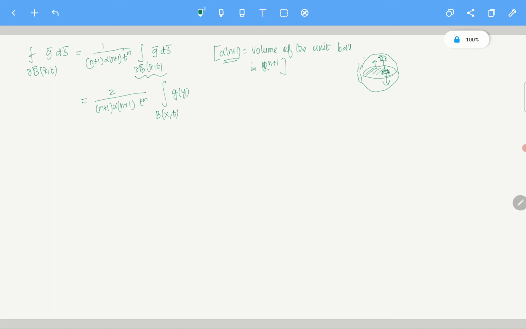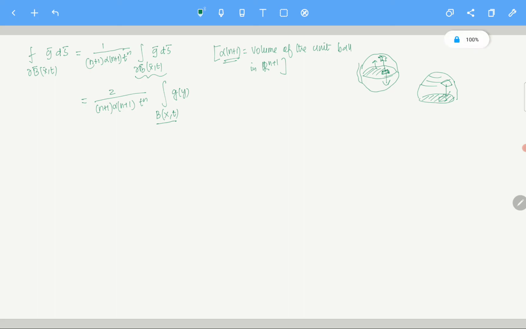See, the integral is happening here, but what we are doing is basically projecting it in this dimension, and that is why I am writing it on B(x,t). You understand this sort of thing? Let's say we are projecting it here.